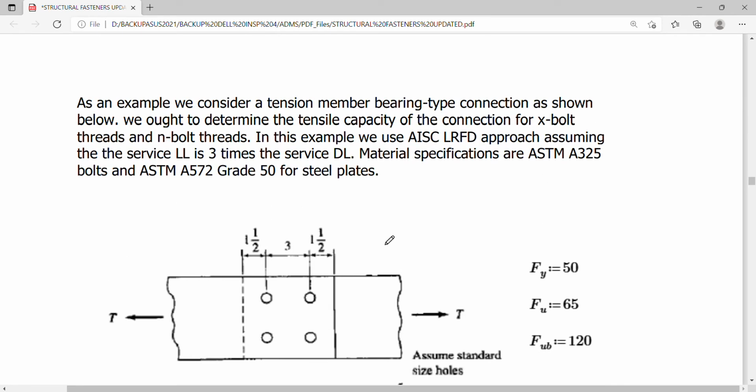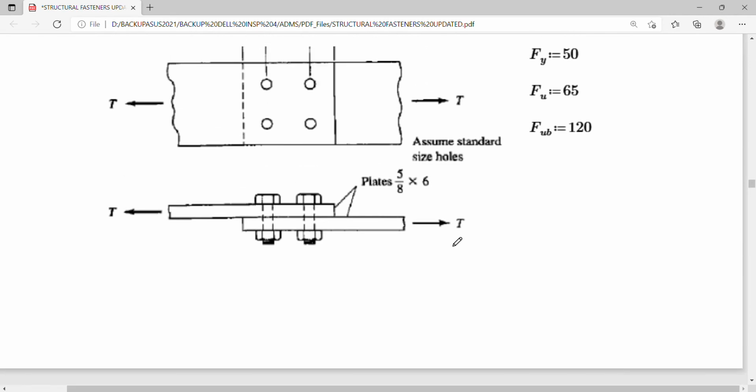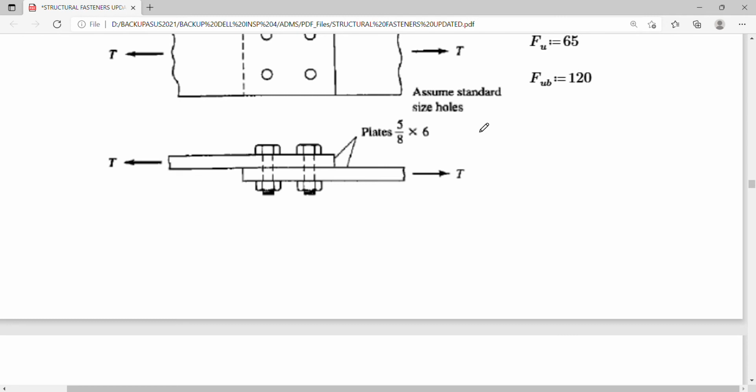Okay, so standard size holes. Okay, so what is the bolt diameter? A325 bolts. Okay, so the nature of this note here is on the use of the cases, no?